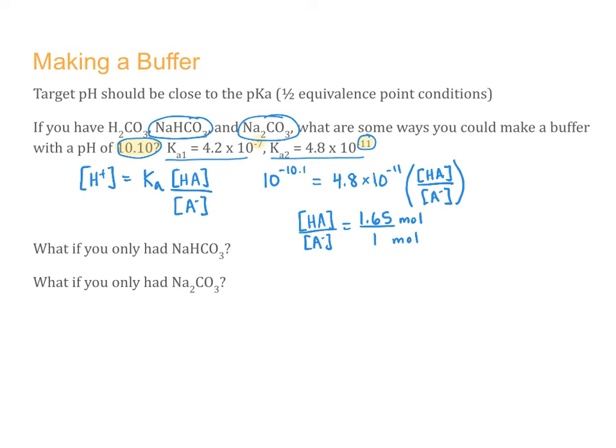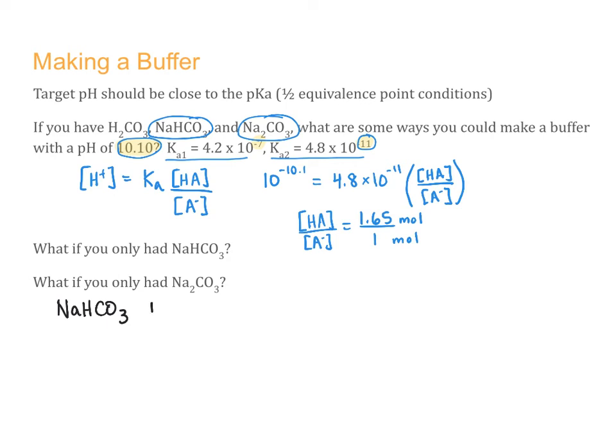Now I have a couple of other conceptual questions I want you to think about. What if you didn't have all three of those chemicals available? You didn't have these conjugate acid-base pairs available. What if you only had NaHCO3 and we want to make this same buffer? Well, we said we need 1.65 moles of the acid, that would be this, and we need to make some base.